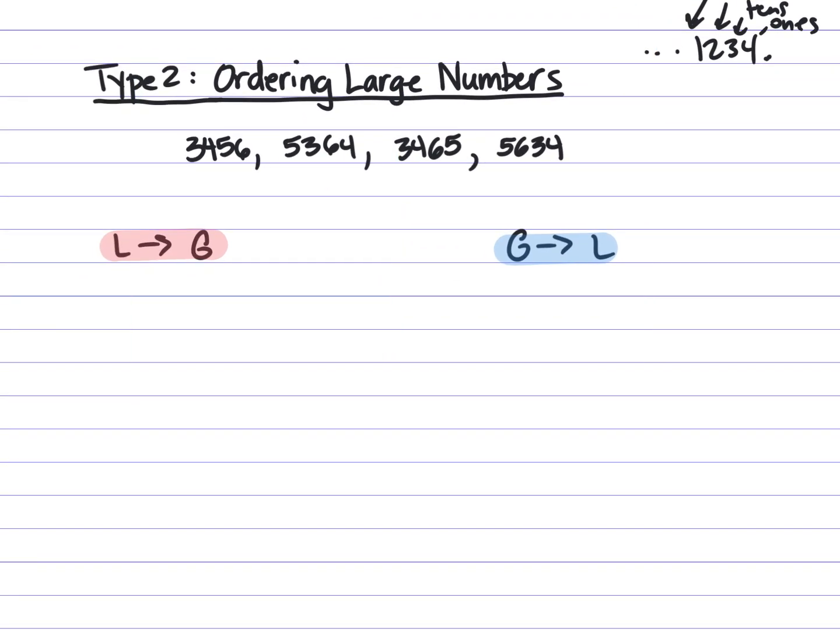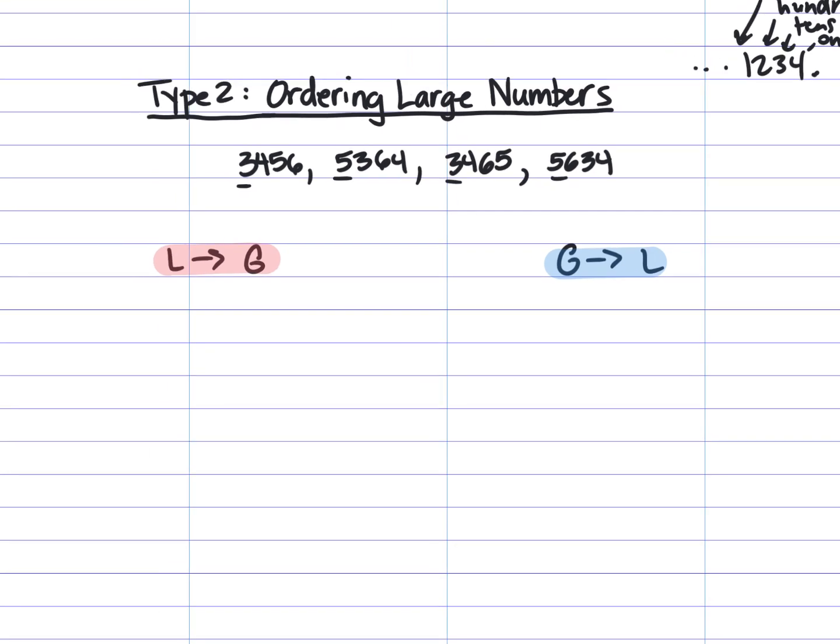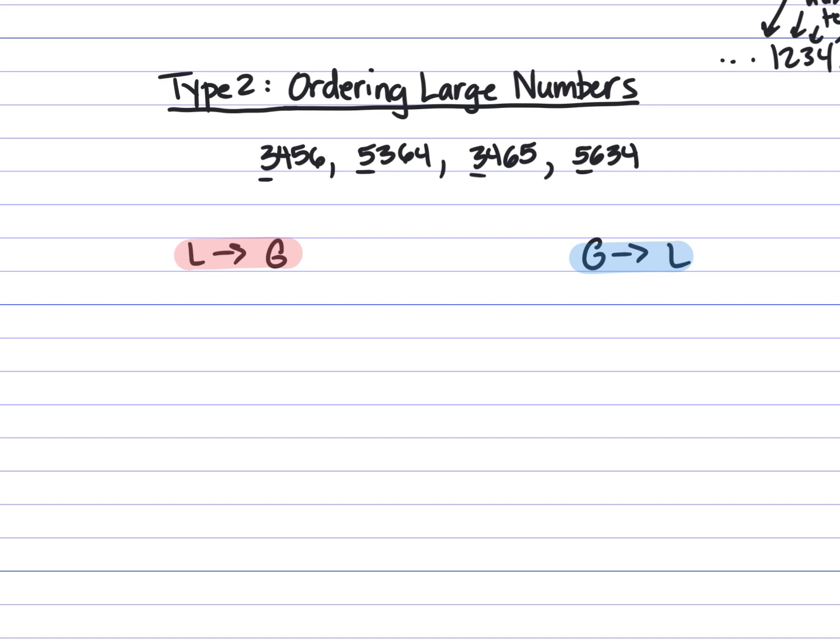And so we're going to start with the first number in each. Since we're starting out least to greatest, I'm going to go with the smaller numbers. Right now I'm looking at these two because they started with a 3. Now I'm going to look at the next number. That's a 4, that's a 4. They're the same.